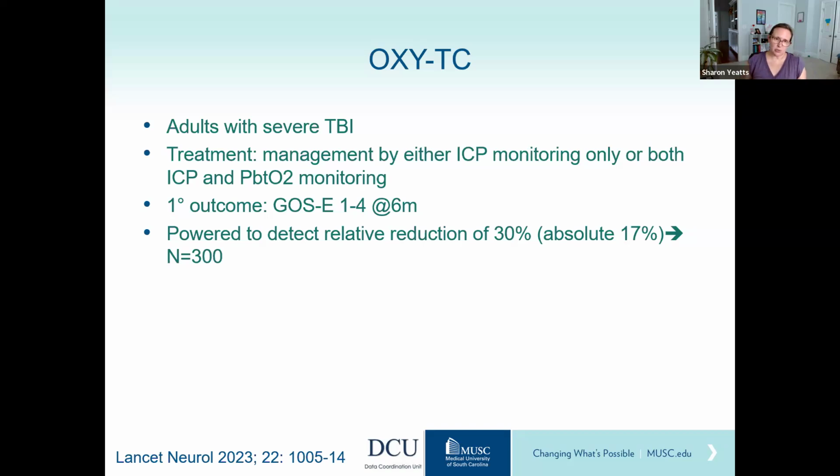It follows these participants for 6 months for the primary outcome, a fixed dichotomy of the Glasgow Outcome Scale Extended of 1 to 4. The study was powered to detect a relative reduction of 30%, so an absolute reduction of 17%, and that gave them a target sample size of 300 participants.